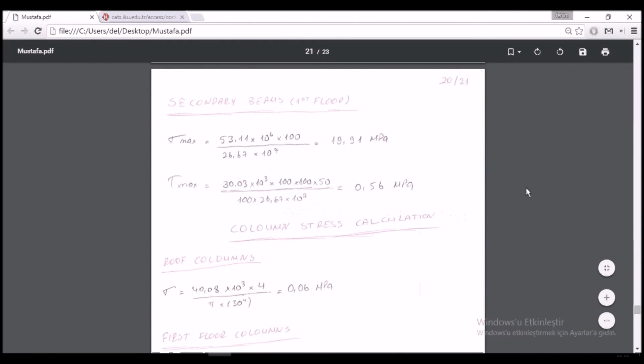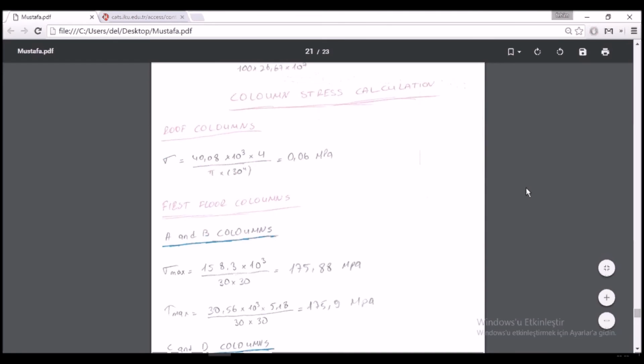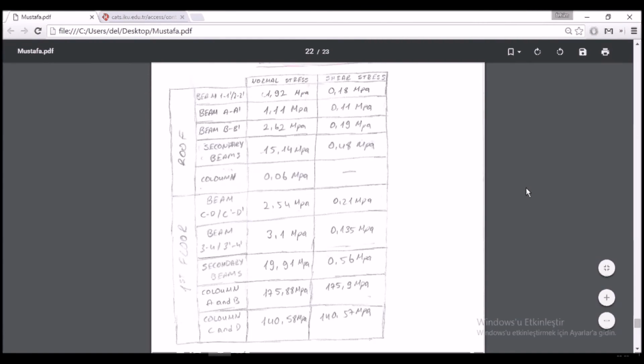Here, we calculated normal and shear stress for our secondary beams at first floor. Last but not least, we calculated stresses for our columns. Here, we draw this table and we wrote all of our normal and shear stresses at our beams, secondary beams, and columns at roof and first floor.